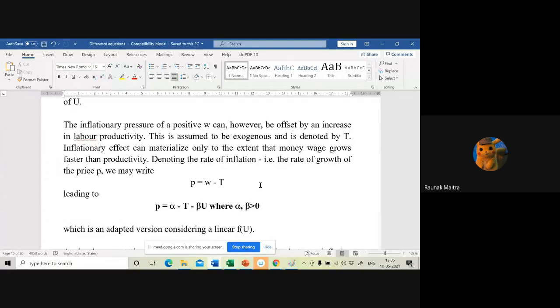Ma'am, why is T coming here? Why is T coming? Okay, fine. The inflationary pressure of a positive W can, however, be offset. Okay, if the wage rate increases, there will be an inflationary effect that you are accepting. Am I right? Yes, ma'am. Okay.